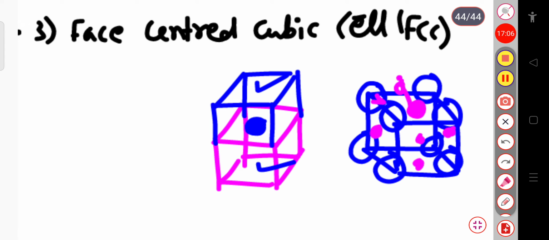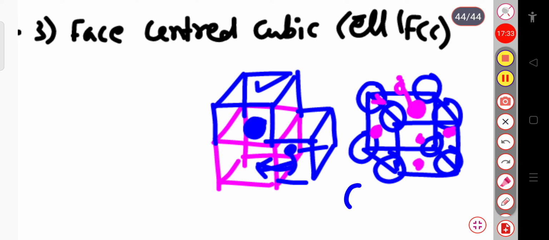So only 2 cells are sharing this atom. Similarly, if the atom is present at this part, this atom is also shared between the blue one and the pink one. In this case also there are 2 unit cells sharing this atom. So for the 6 faces, there are 6 faces.